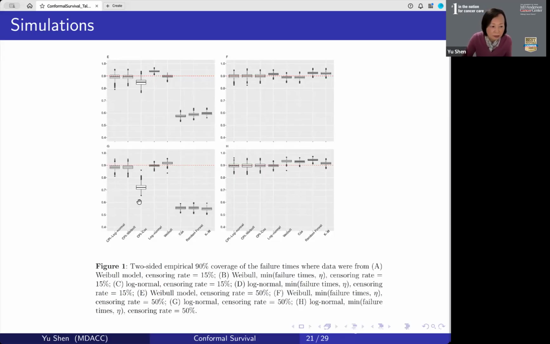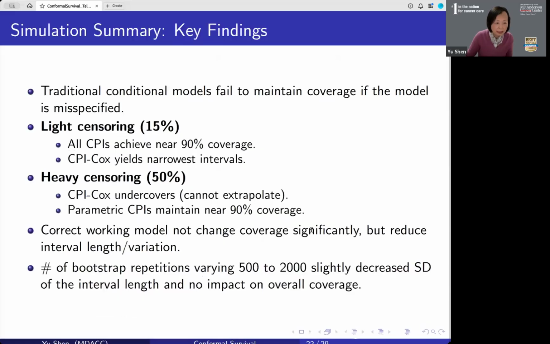That causes the poor performance of the Cox model as working model when censoring is heavy. That's the point I'd like to emphasize. Traditional conditional models fail as expected if the model is misspecified. But conformal methods overall are doing great, especially with light censoring. With all working models they do well, and the Cox model even generated the narrowest intervals when censoring is not heavy. It's quite robust. But when we encounter heavy censoring, we should not use the Cox model.